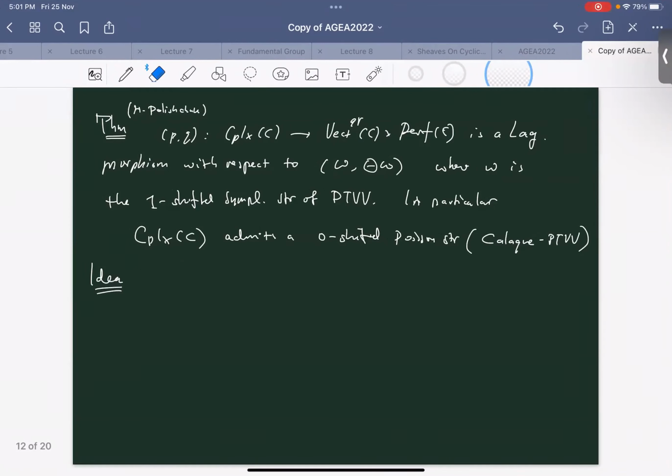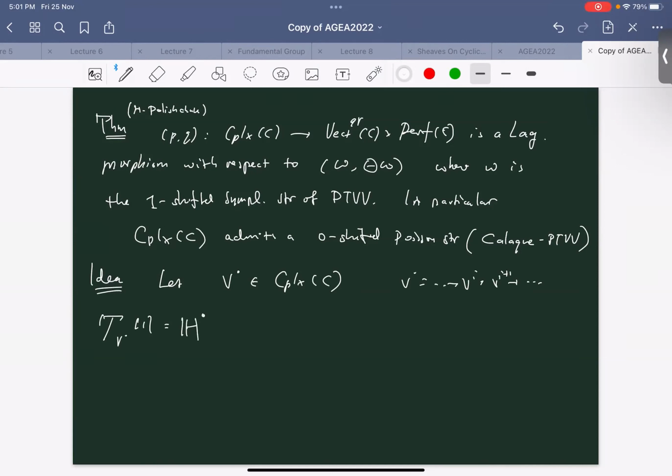Okay, so let V now be an object in this stack, i.e. it's a bounded complex of vector bundles. So V will be something like V_i, bounded. The tangent complex, after a shift of the stack at this point, is precisely the hypercohomology.